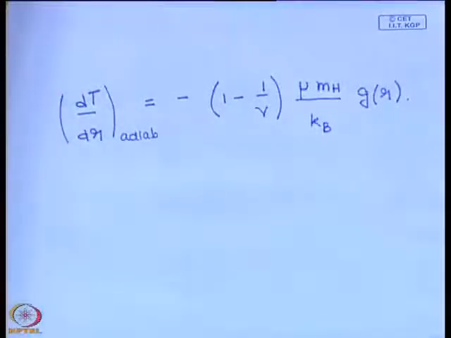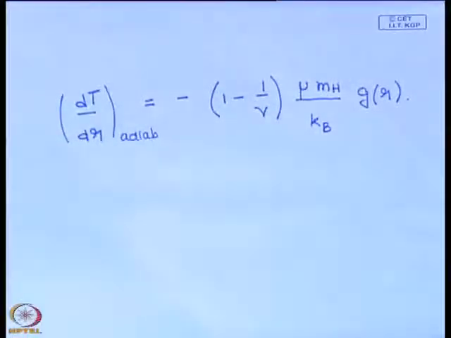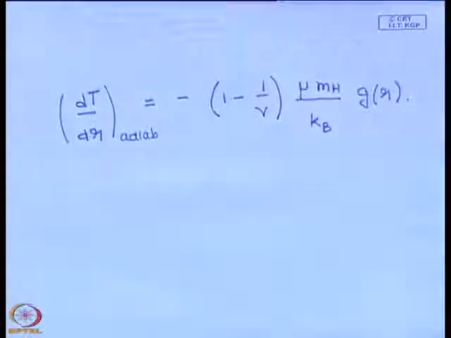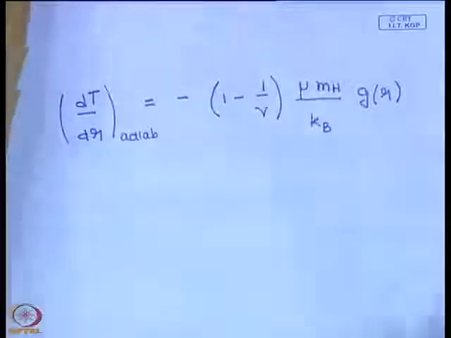Okay. So, we have now obtained the 4 equations that have to be solved to determine the structure of a star, and let me show them to you once more, the equations that we have to simultaneously solve.